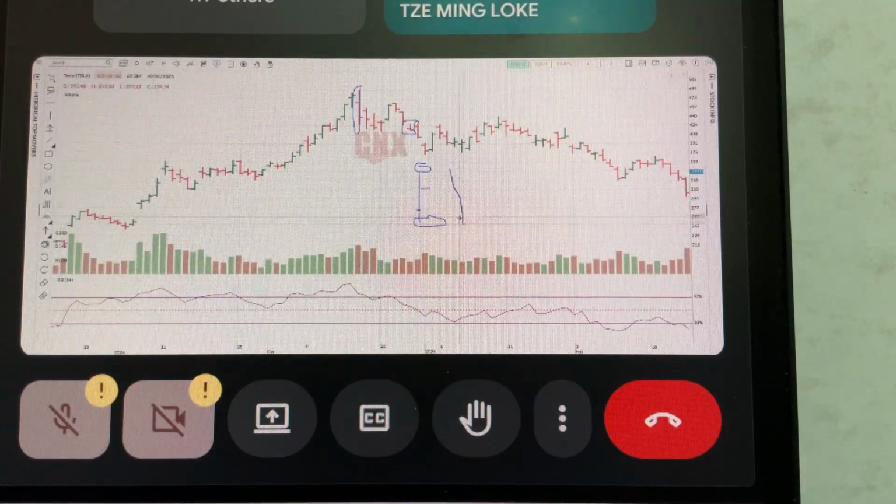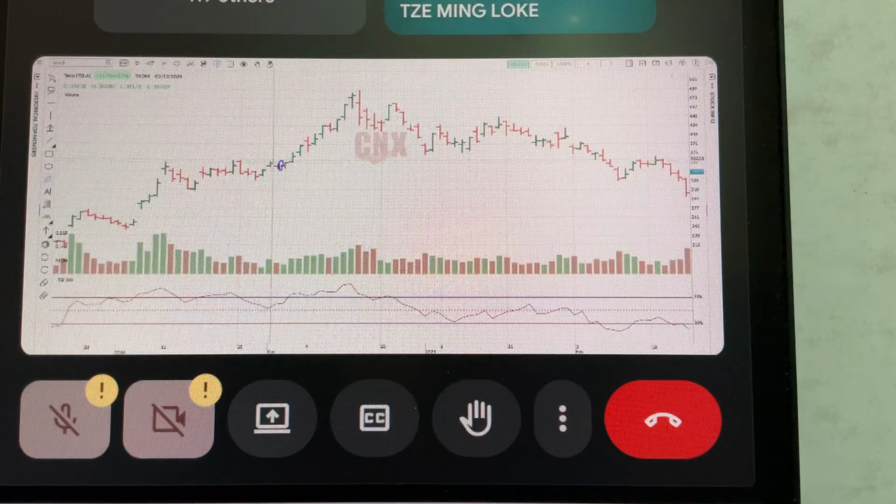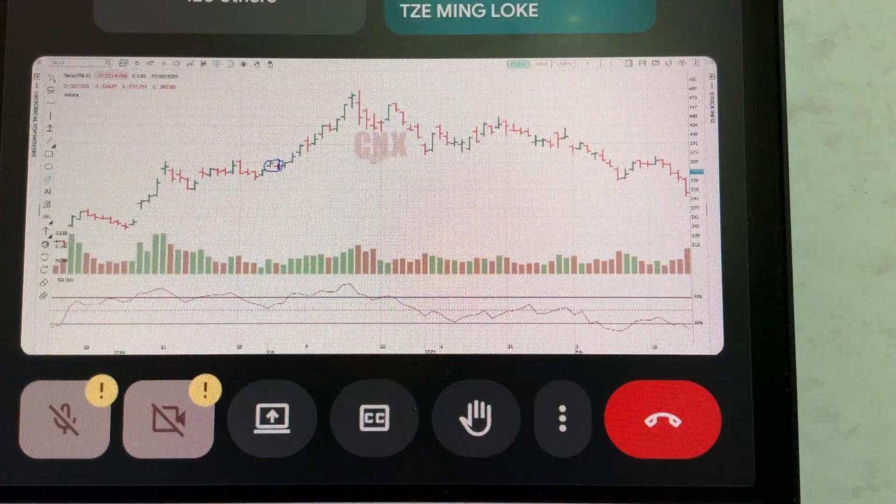So if the bar is very long, that means on that particular day the price range is very big, very volatile. But if it's very small, like this one here, this one here, for those days nothing much was happening. The price did not move that much from the highest to the lowest.